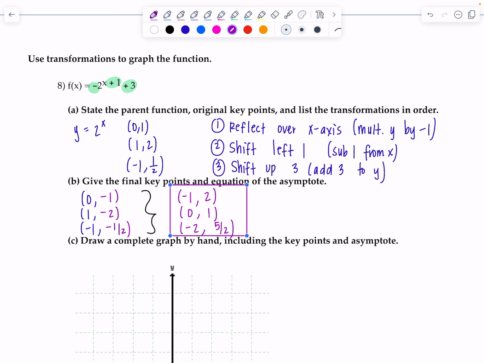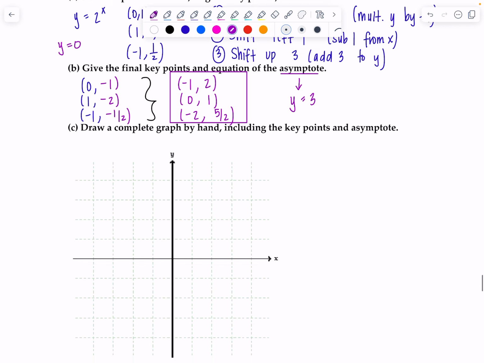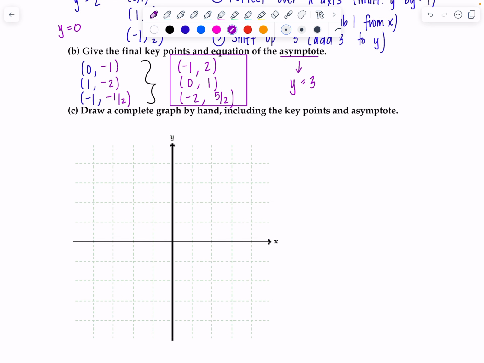And then we also need to give the equation of the asymptote. Originally, the horizontal asymptote on an exponential function is at y equals 0. If we shift up or down, it will move. Since we shifted up 3 units, the new horizontal asymptote is at y equals 3. So put that on the graph first, honestly, y equals 3. It'll keep you honest.